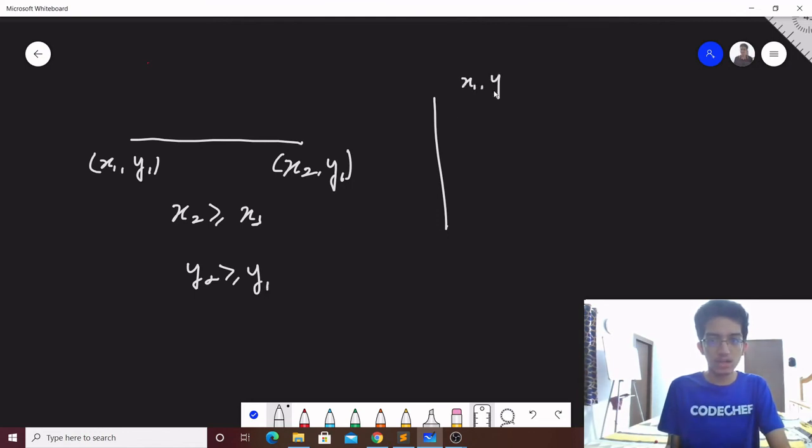So I'm saying that the second coordinate, that is x2 as well as y2, is greater than or equal to the first coordinate. It's just a simplification. You guys don't need to follow this, but I'm just using this. Okay.